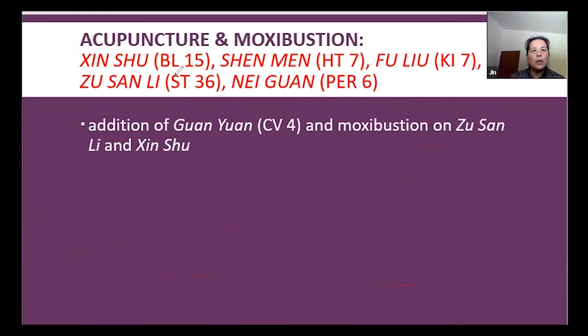And for the acupoints, we still use Heart 7. Basically pretty similar.